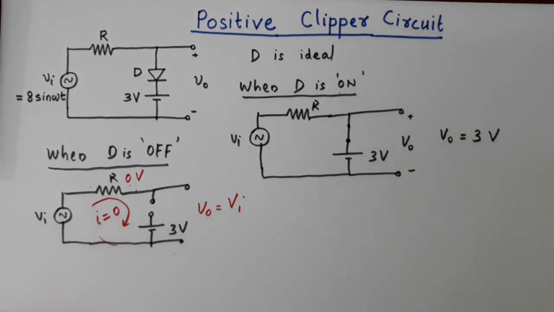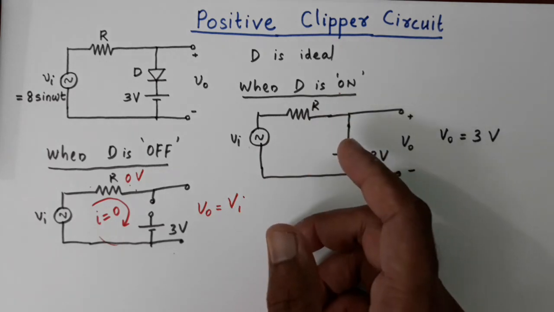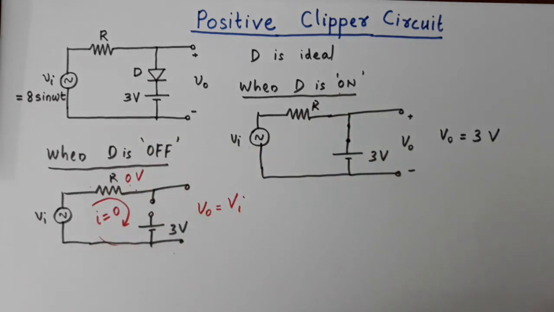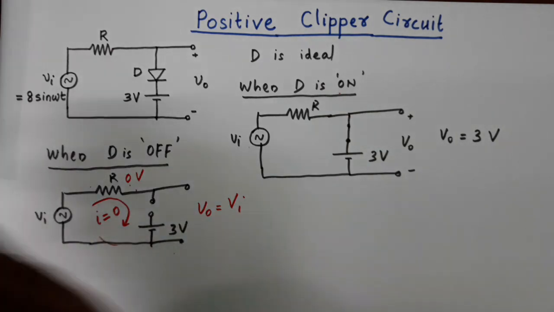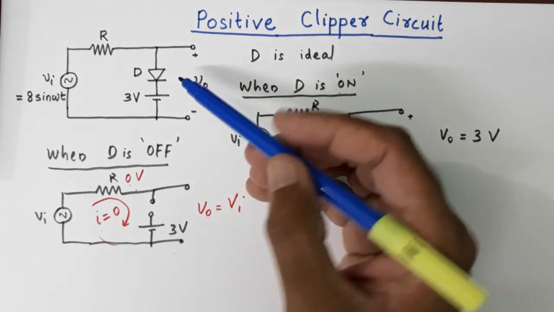Now we can draw the waveforms. To draw them, we should know when the diode will be forward biased and when it is reverse biased. From the diagram you can find that condition.